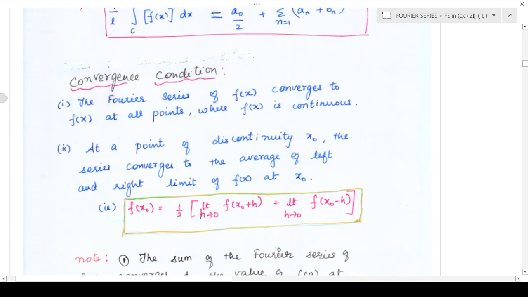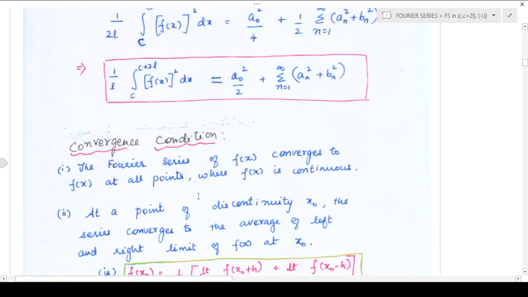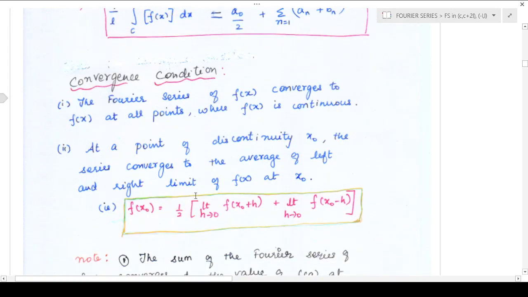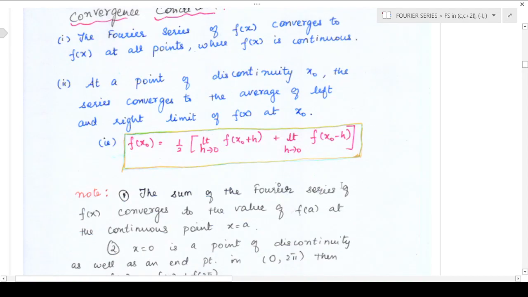Then convergence condition. Children, Parseval's is very easy. Convergence, right? You try to do it. The Fourier series of f of x converges to f of x at all points where f of x is continuous. That is, the sum of the Fourier series of f of x converges to the value f of a at the continuous point x equal to a.